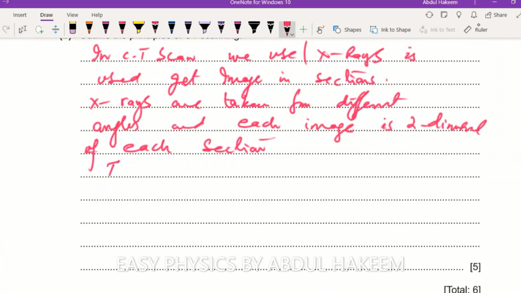This procedure is repeated for many sections.